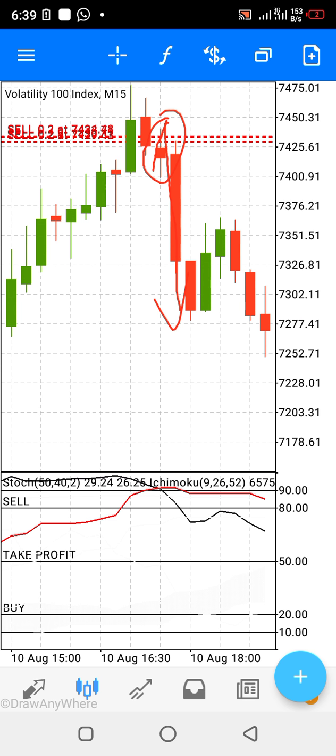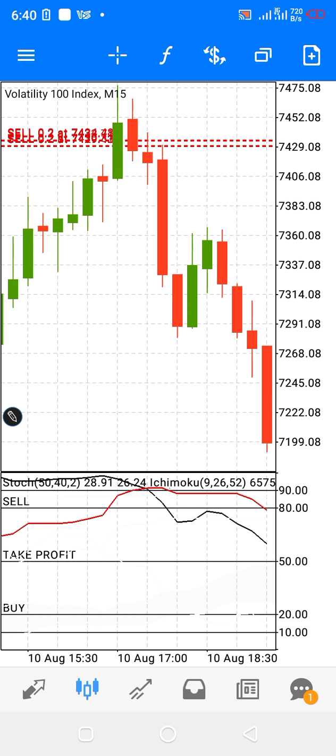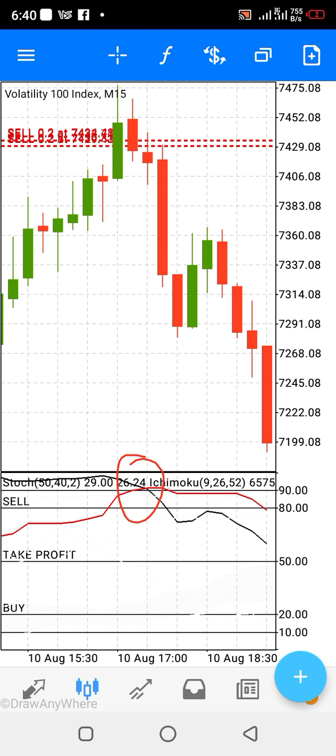So if I had a $20 account or a smaller account and I had entered this lot size here, and the green candle comes like that, it doesn't mean the indicator is wrong. The indicator is telling you that the market is going to go down, so you have to wait.